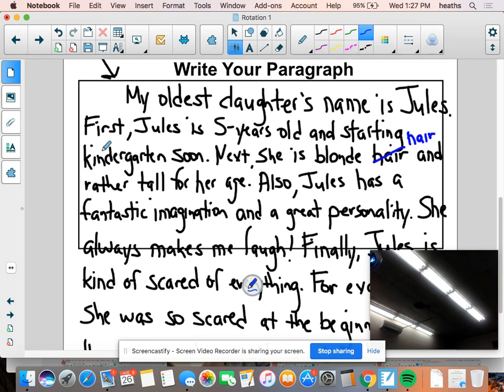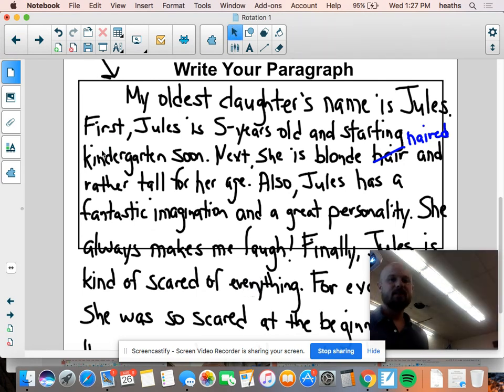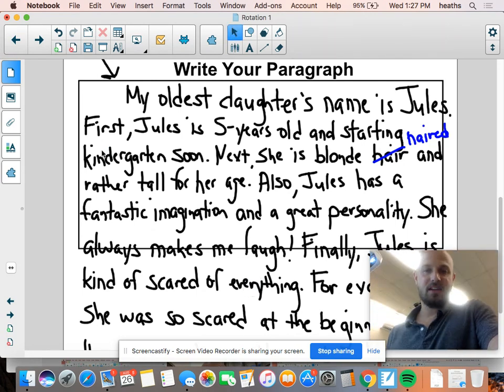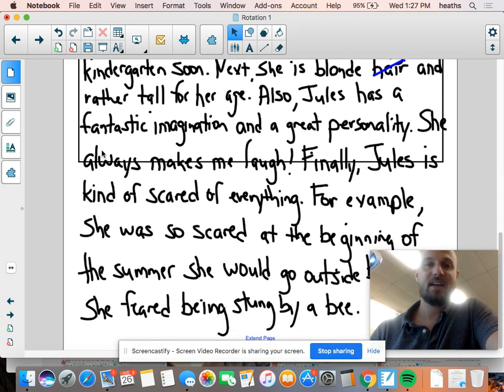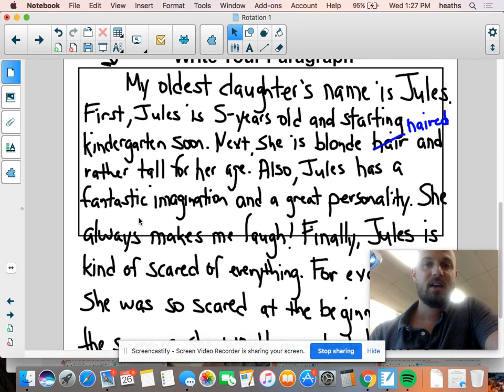So I'm going to make sure I go back and change that. And rather tall for her age. Also, Jules has a fantastic imagination and a great personality. She always makes me laugh. Finally, Jules is kind of scared of everything. For example, she was so scared at the beginning of the summer she wouldn't go outside out of fear of being stung by a bee.